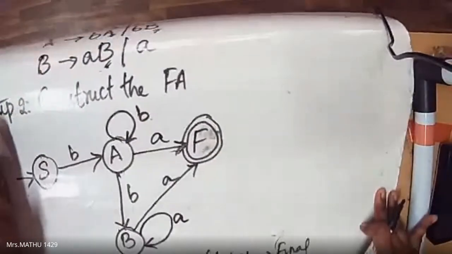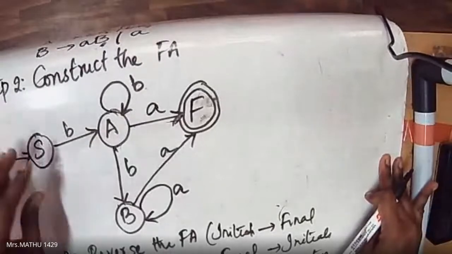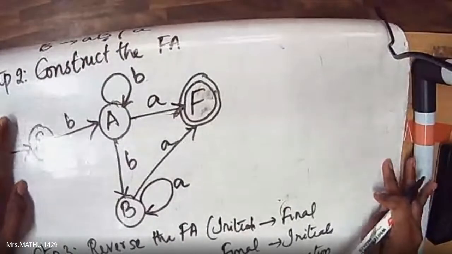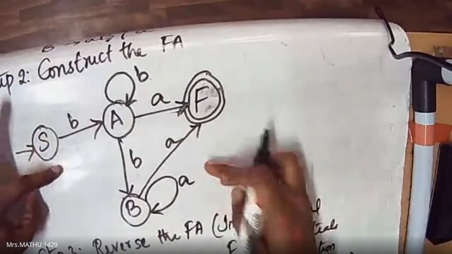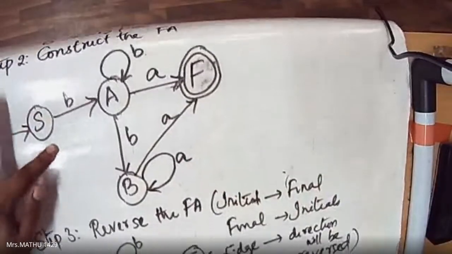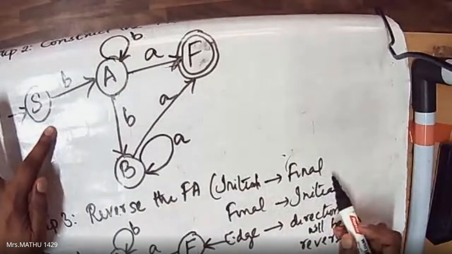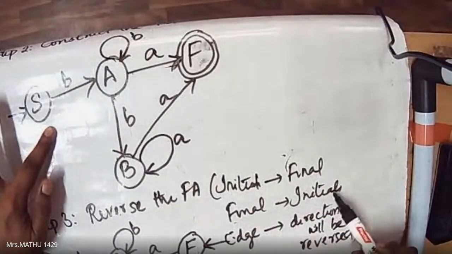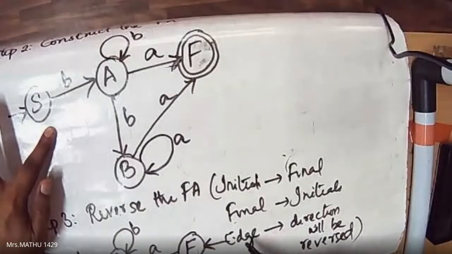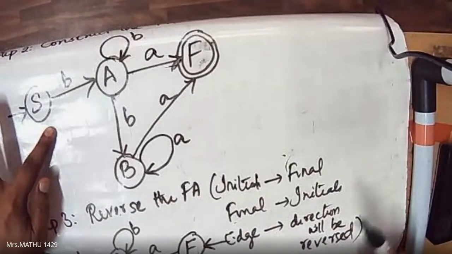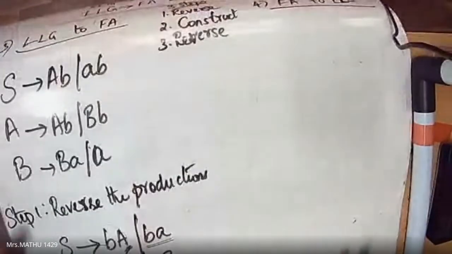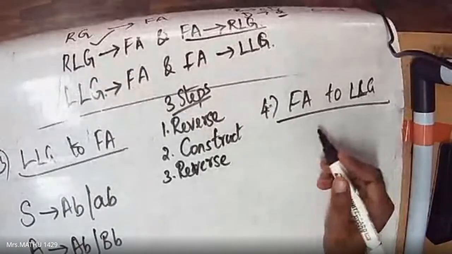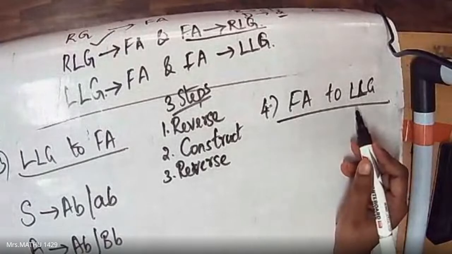From there, we construct the finite automata. And since we want to convert the left linear grammar, this finite automata is simply reversed. The initial state is considered the final state, the final state is considered the initial state, and all the edge directions are reversed.